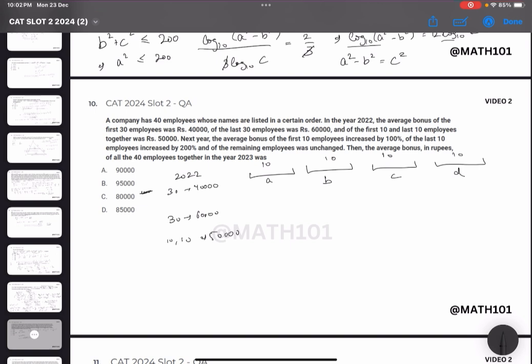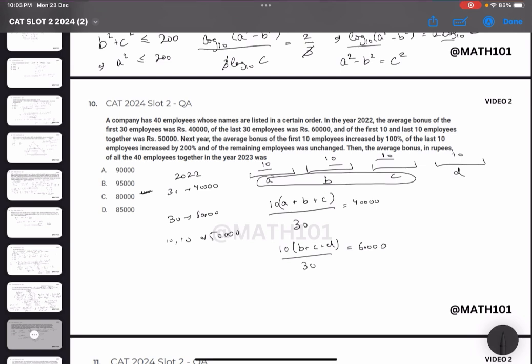So what we are given is 10 times A plus B plus C, which is the weighted average of these three numbers, upon 30 equals to 40,000. 10 times B plus C plus D on 30 is equals to 60,000, and 10 times A plus D, the first and last 10 employees, upon 20 is equals to 50,000.